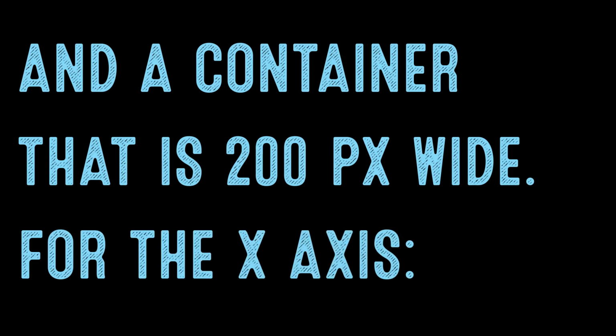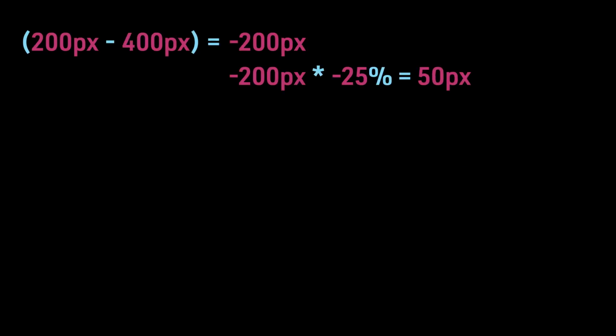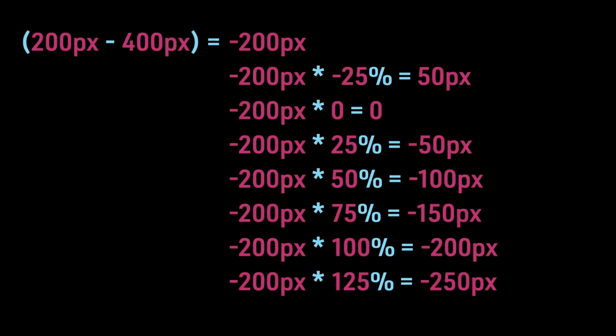For the x-axis, 200 pixels minus 400 pixels is minus 200 pixels. If we multiply minus 200 pixels by minus 25%, we get 50 pixels. If we multiply it by 0, we get 0. If we multiply it by 25%, we get minus 50 pixels.